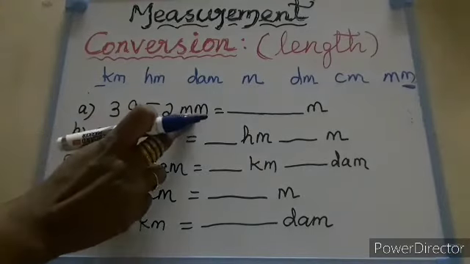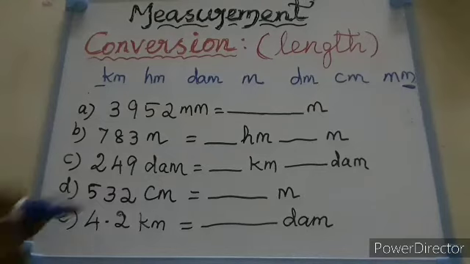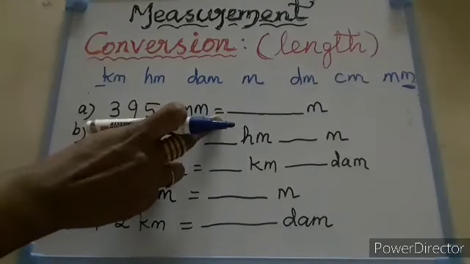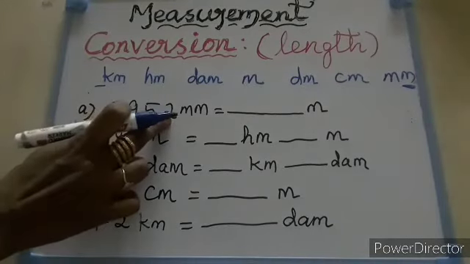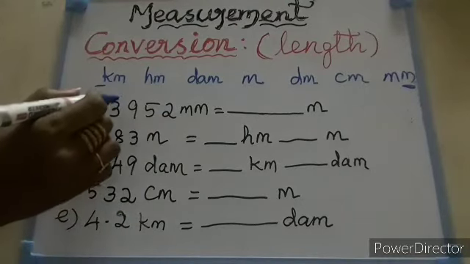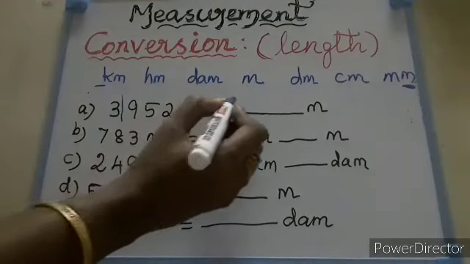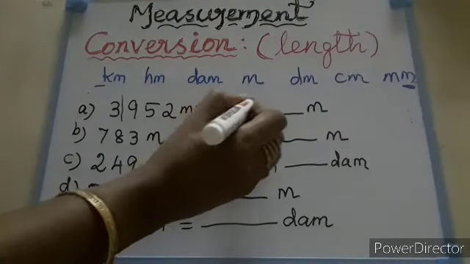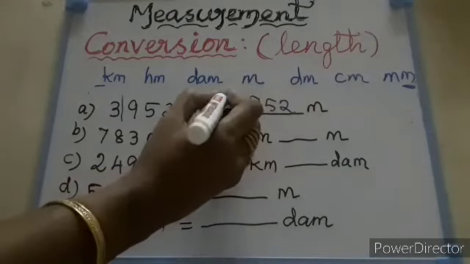Here they have given only one unit, that is meter. If only one unit is given, you have to write it in the form of a point. So this is millimeter, centimeter, decimeter, meter. In that meter you have to draw the line. So 3.952 meter.